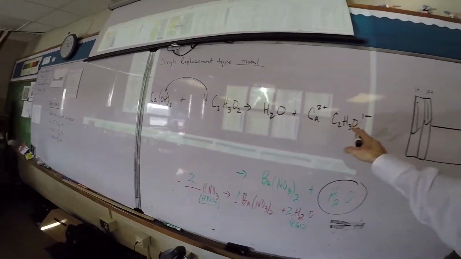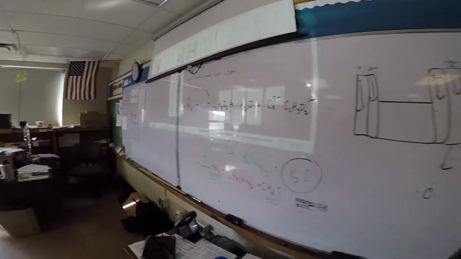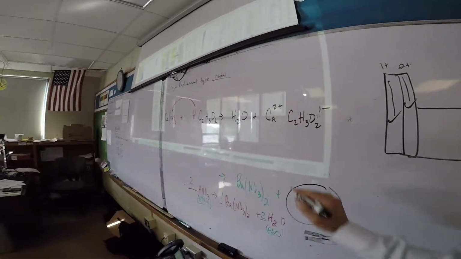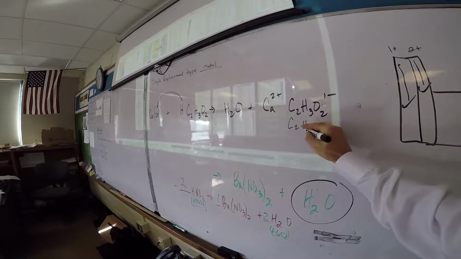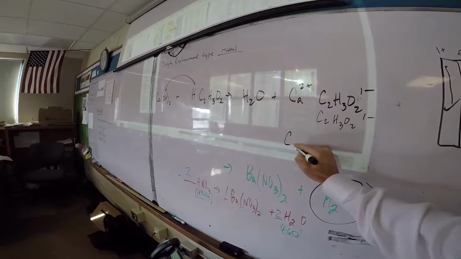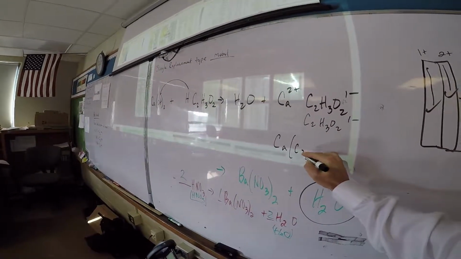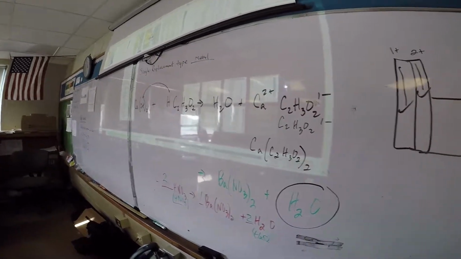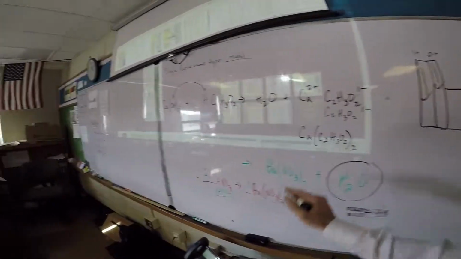So you're going to have how many of these? You have a 1 negative and a 2 positive? Right, you're going to have another one to balance that out, so it ends up being Ca(C2H3O2)2. Everybody see that? Okay. Then we got our water.